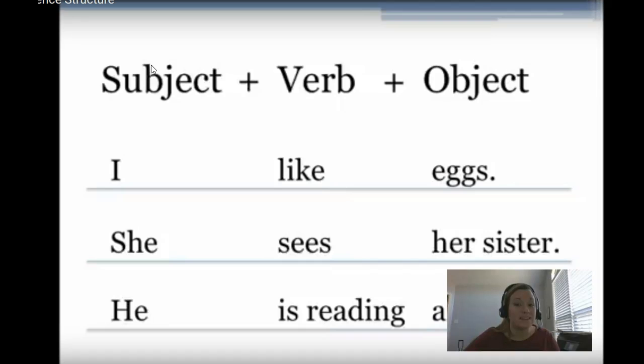Basic, simple sentences look like this. They have one subject, one verb. If you ever see multiple subjects, like one at the beginning of the sentence and another subject and verb at the end, that's going to be a red flag. That tells you it's not just a simple sentence like this. It's going to be a compound.